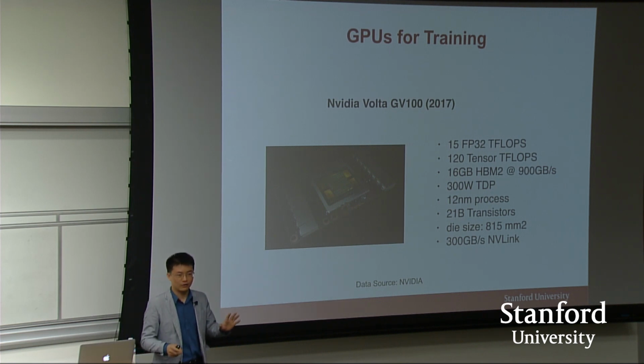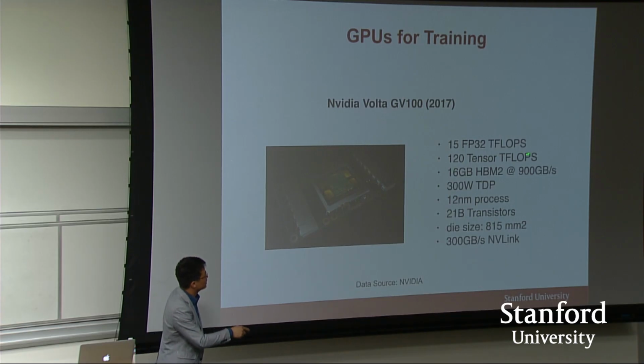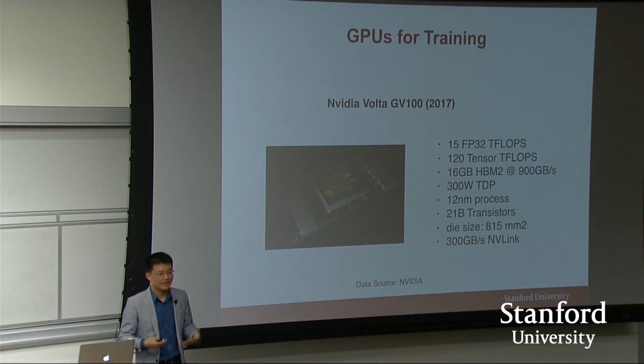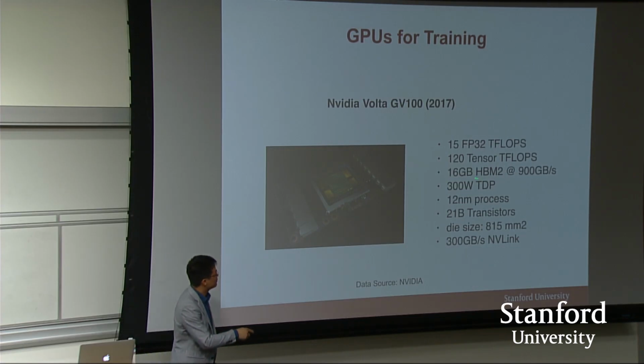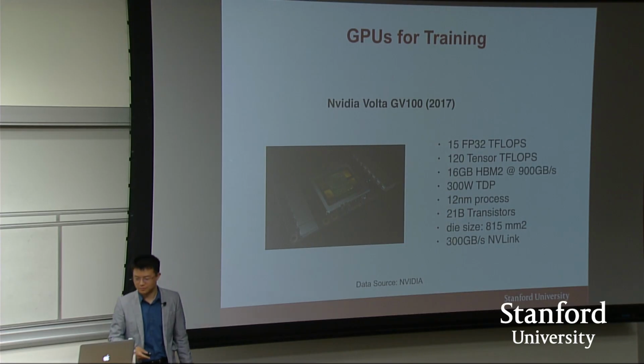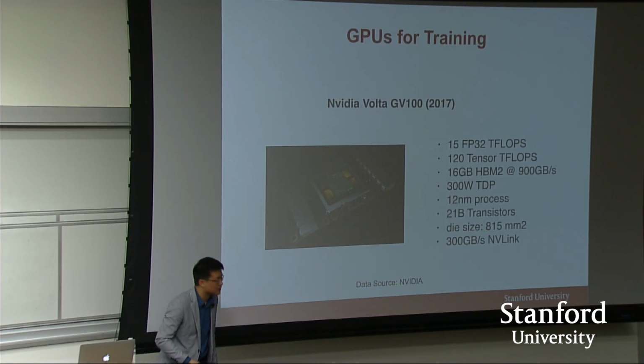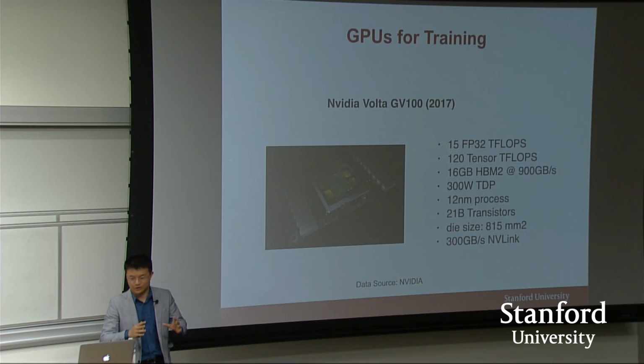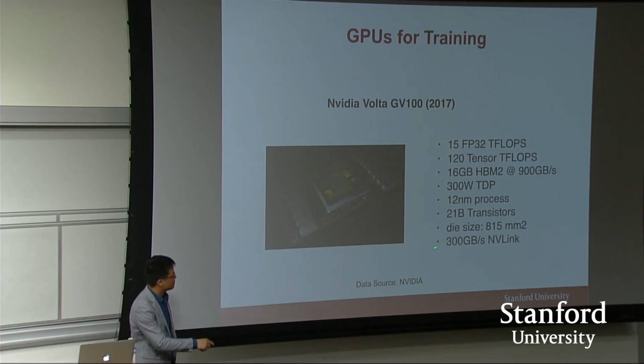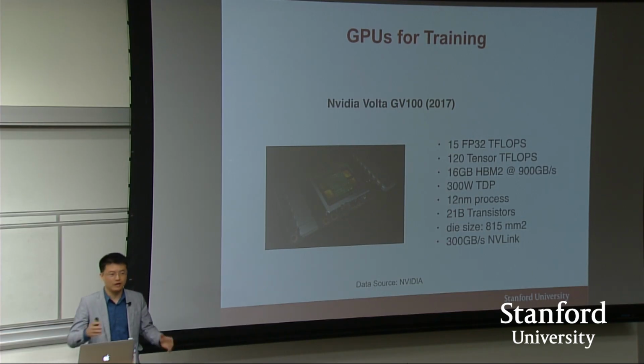We'll later cover what the Tensor Core is and where this 120 comes from. And rather than 750 gigabytes per second, this year, with HBM2, they're using 900 gigabytes per second memory bandwidth. Very exciting. The 12 nanometer process has a die size of more than 800 square millimeters, a really large chip, and is supported by a 300 gigabytes per second NVLink.